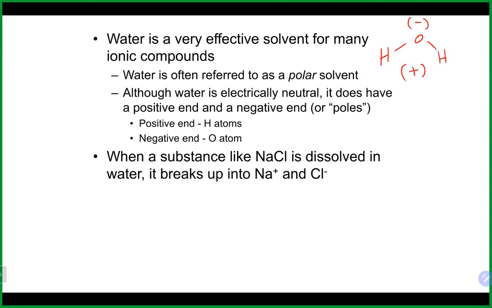So when you take something like a solid sodium chloride, what happens is those sodium ions will break apart and basically get surrounded by water, and it would get surrounded by the negative side of water. That would be the oxygen side.